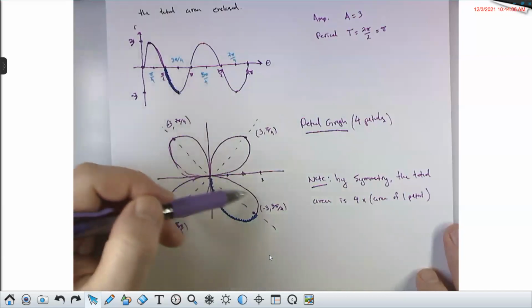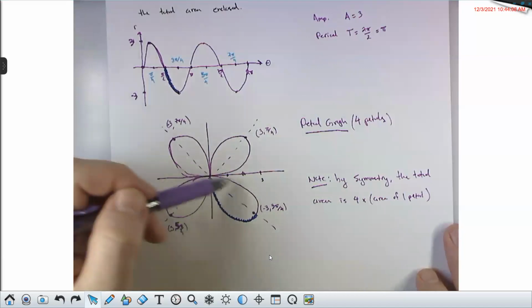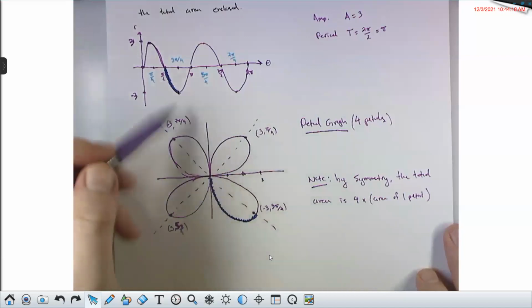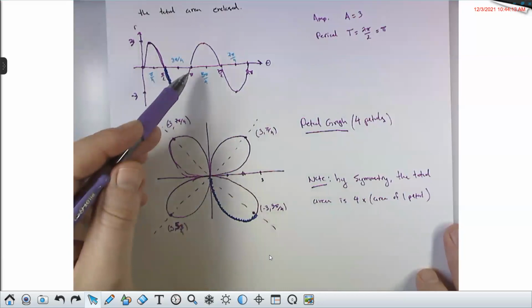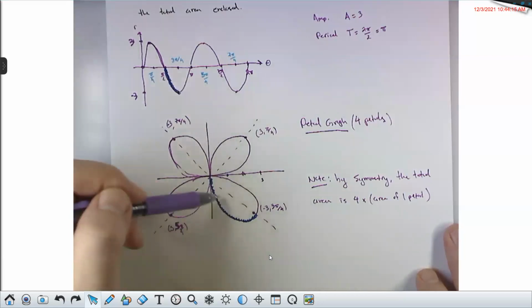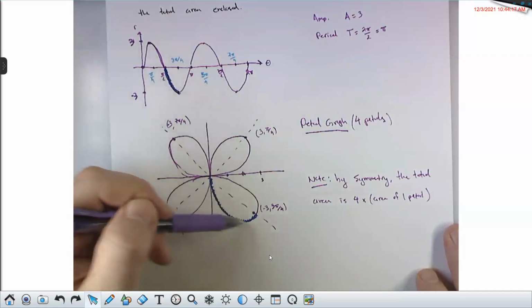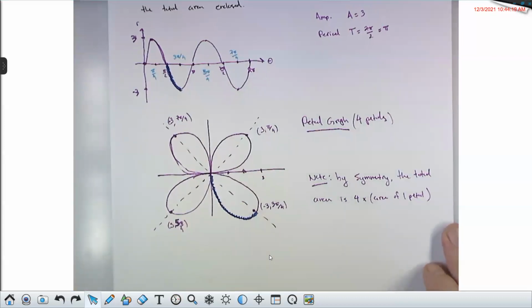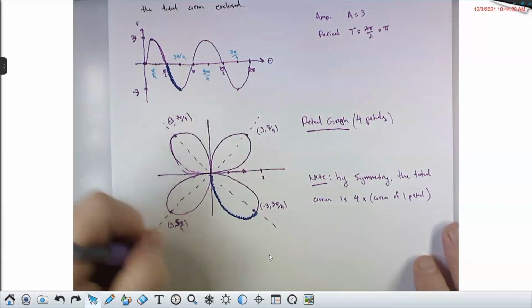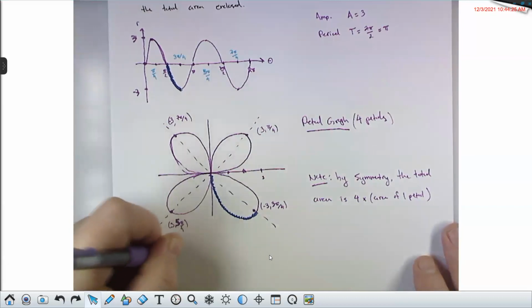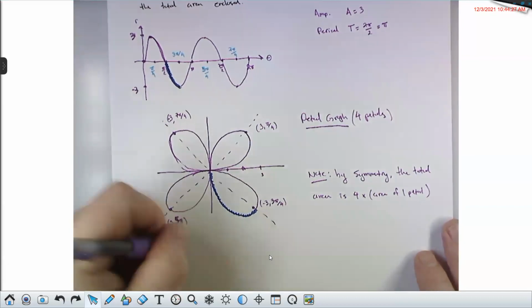So if I told you specifically to set up an integral for this petal, your theta values would be from pi over 2 to pi. And that's a little misleading. That's what I meant when I said it's good to shade this for a second and remind ourselves what theta values it's coming from. But that's all. So the area I want here is 4 times the area of one petal.